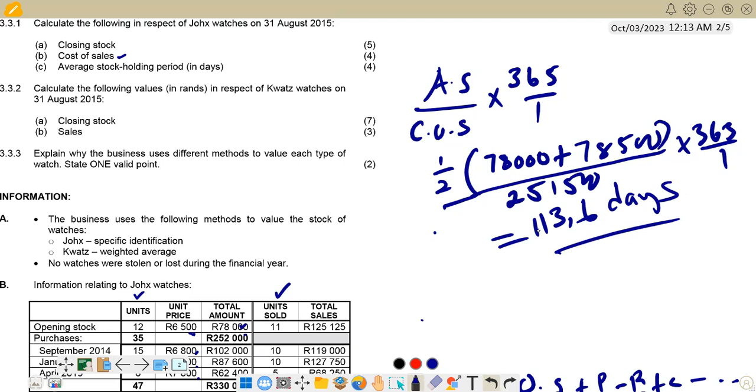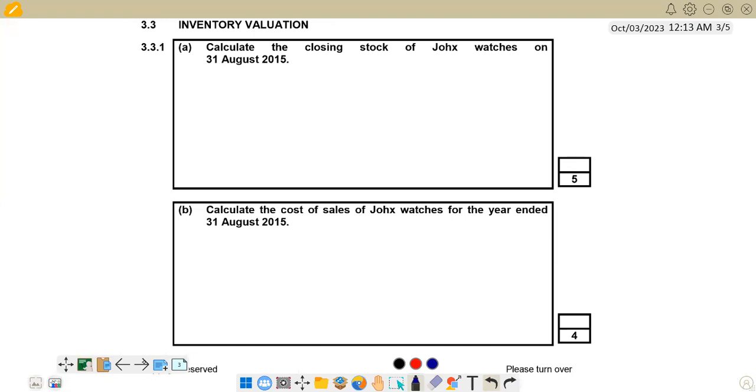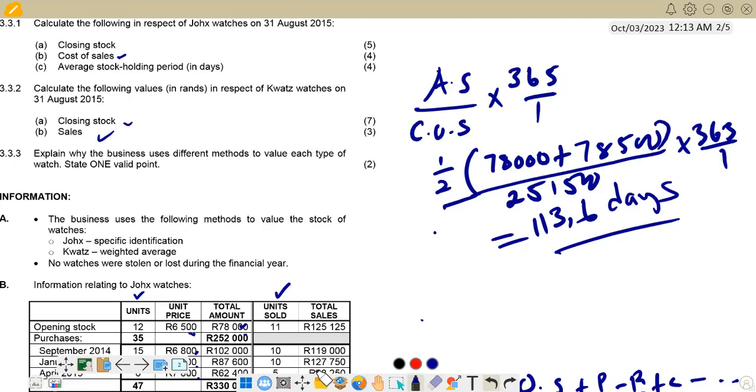Then we go to the second part. The second part is saying calculate the following value in rands in respect of quartz watches on 31 August 2015. They want the closing stock for quartz, and then also they want the sales figure for quartz. So the information on quartz, we're going to get it on the next page. Let's see here, it should be below that one.